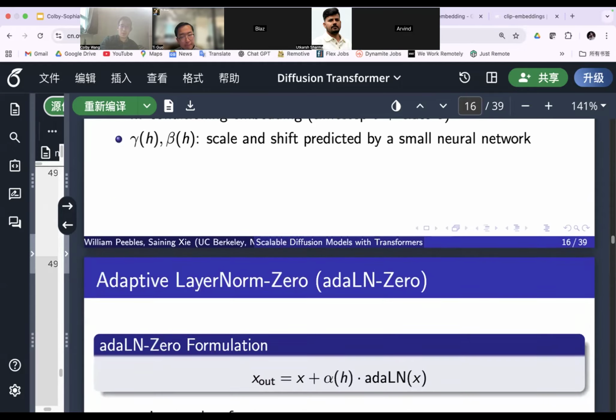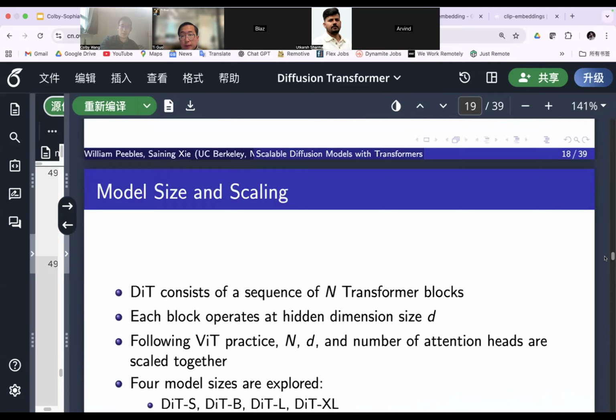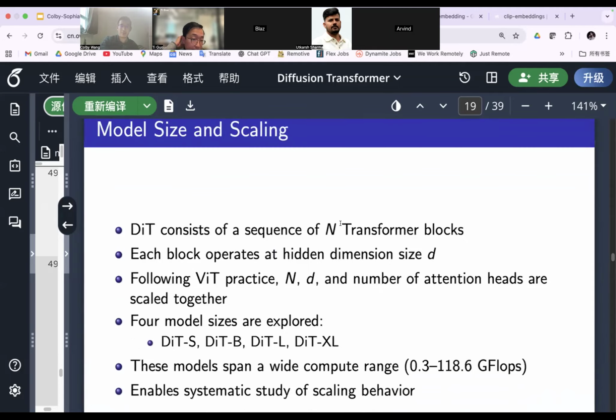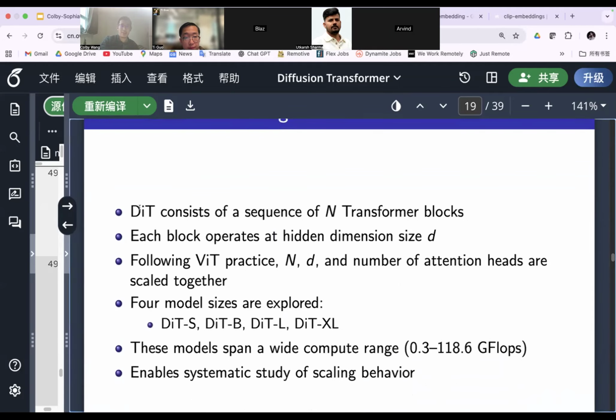Cool. So now we can do the other stuff. Basically, DiT is just a bunch of transformer blocks, and each block operates on hidden dimension size D, which is the size of the token. Following the ViT practice, the hidden dimension and number of attention heads are scaled together.